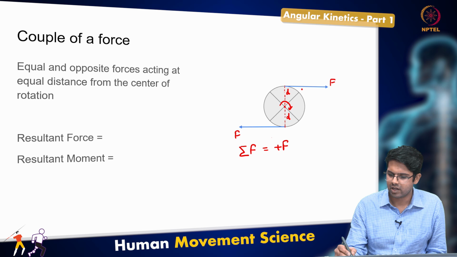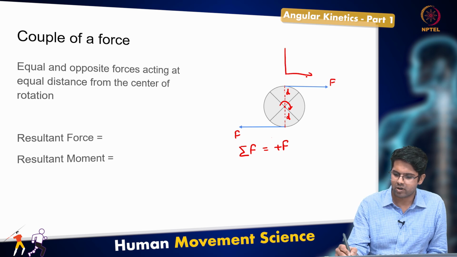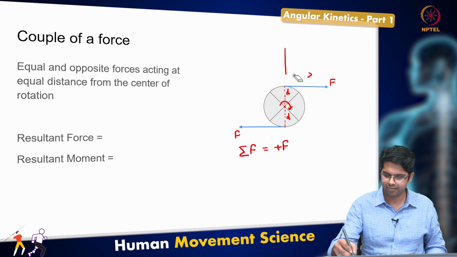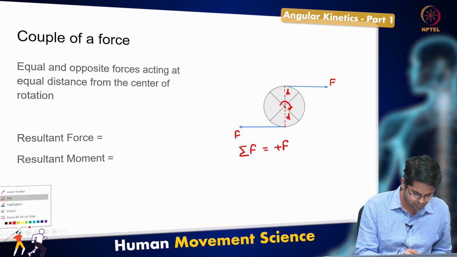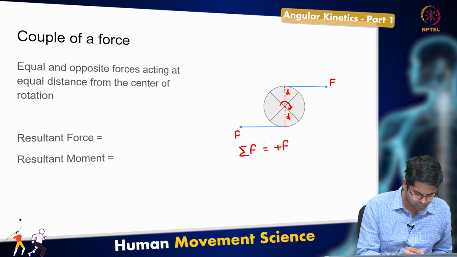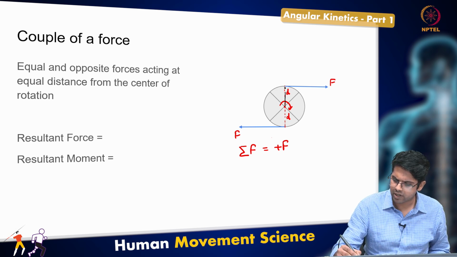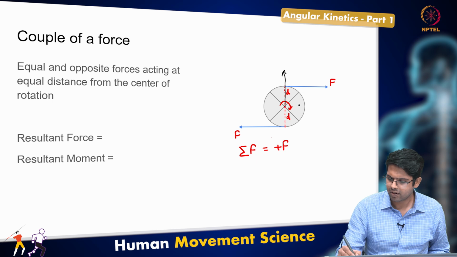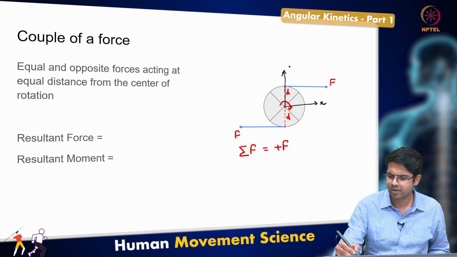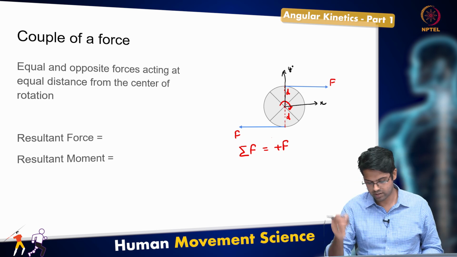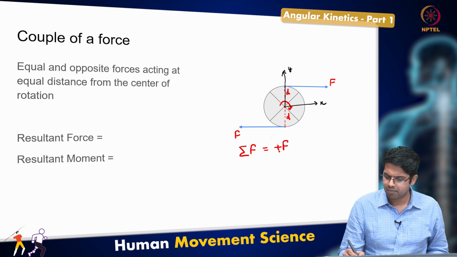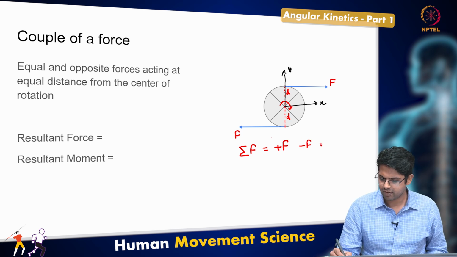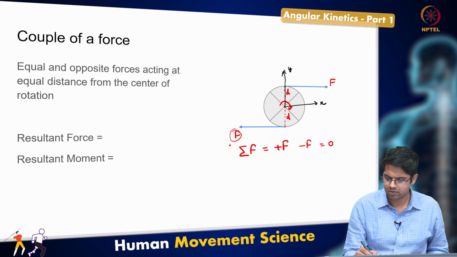This is in the coordinate system. So in this coordinate system, let's say this is x and y, plus F, minus F, this is equal to 0.